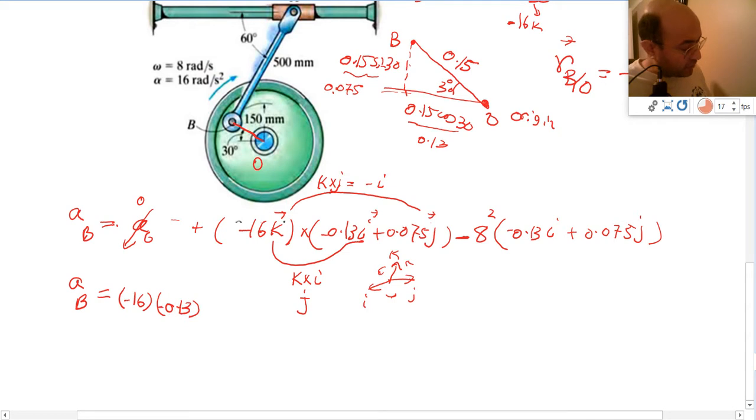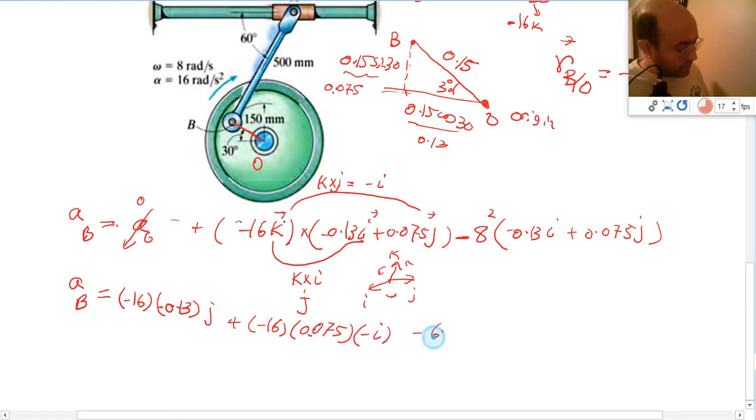I have K cross I, which ended up as J. The next one is plus minus 16 times 0.075 times minus I.